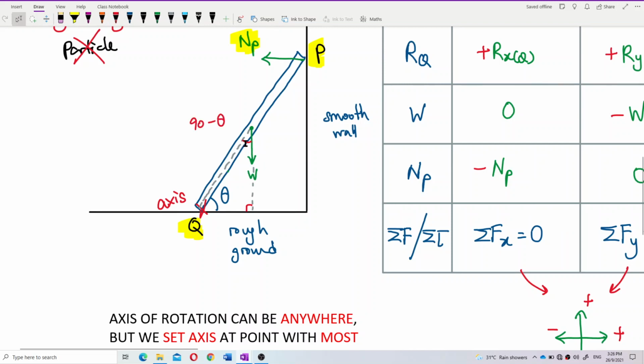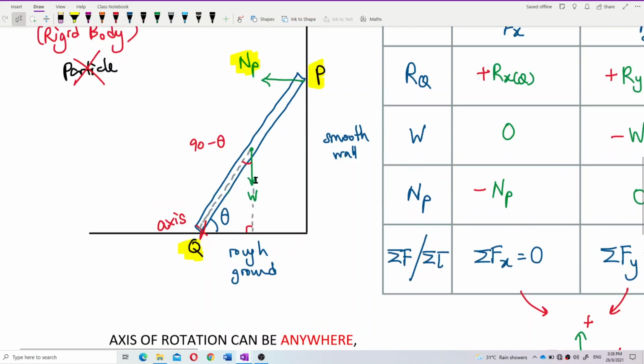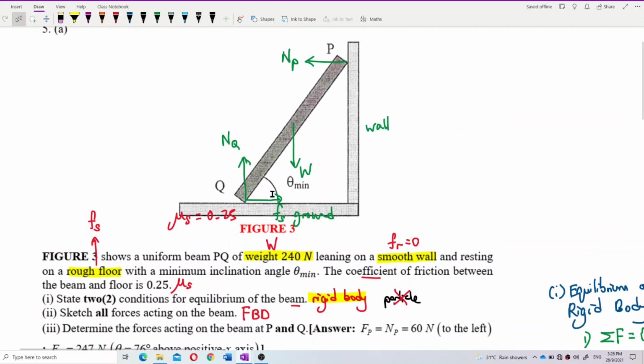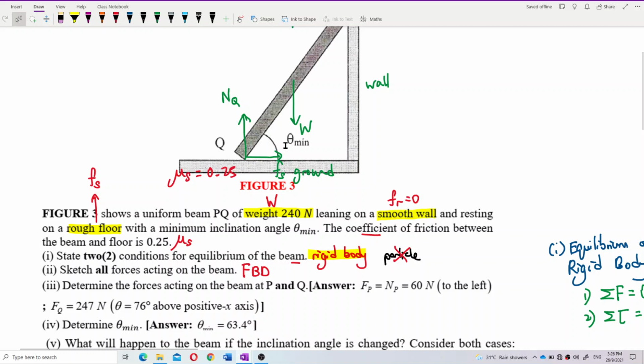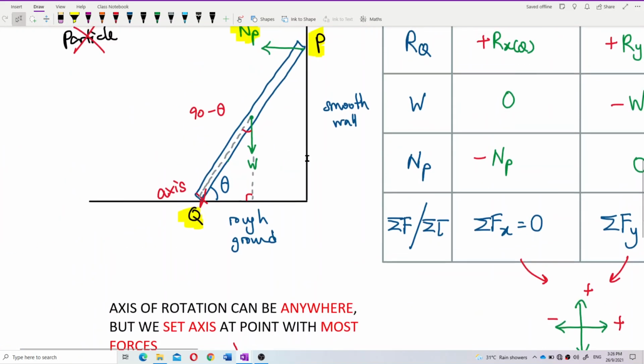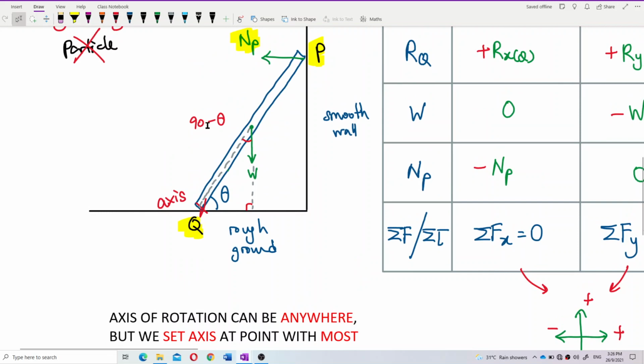But this question doesn't give us the theta, quite tricky, so we don't want to write our angle as 90 minus theta. Very troublesome. So what we do is find another angle.